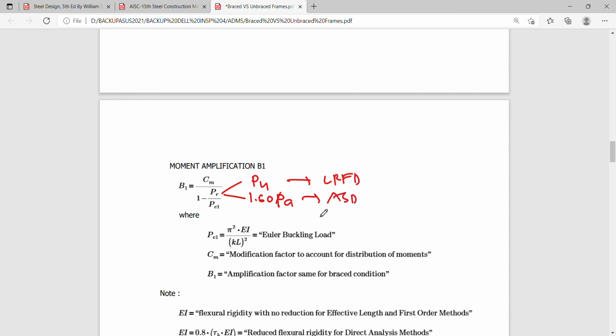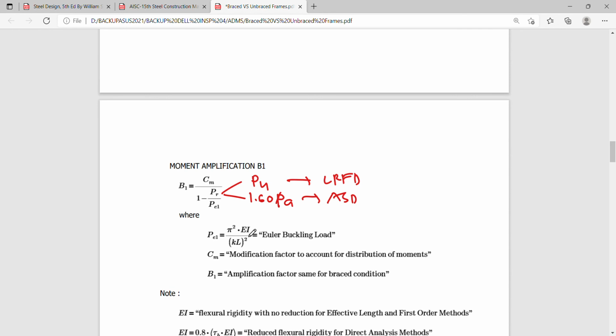And PE1 is also the familiar Euler buckling load. Notice that here your K is the effective length factor and EI is the flexural rigidity, which should be based on whatever AISC methodology you are using, no?